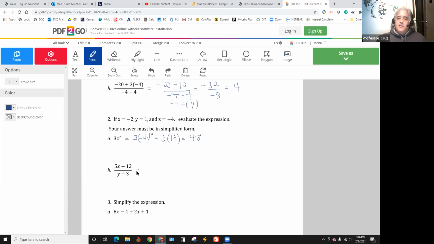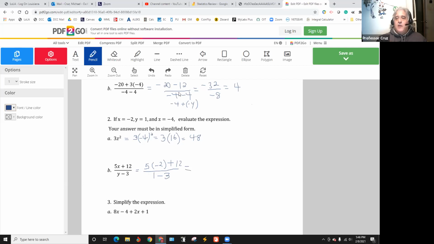Did anybody got an answer on it yet? Okay, this time we're going to use -2 here and -1 for that one in the denominator, right? So it's y is 1, so it's 1, -3.